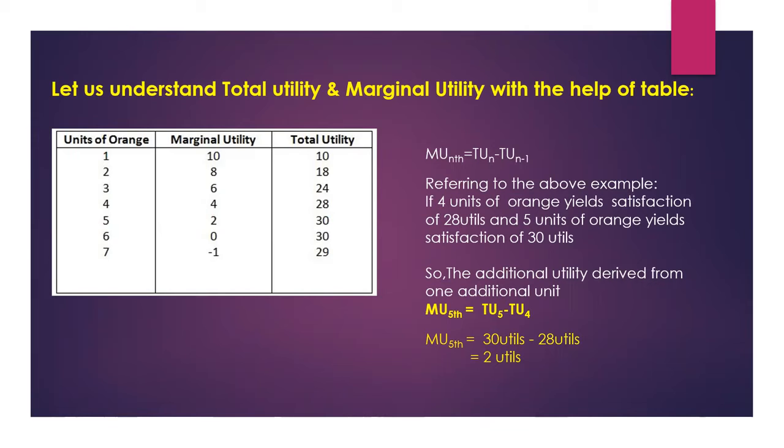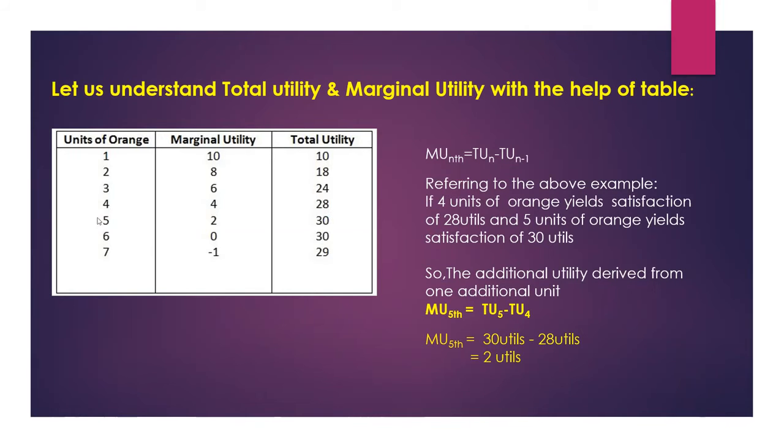Now we are going to take up an example and understand what marginal utility is. As you can see in the table, by consuming 4 units of orange, the total satisfaction derived is 28 utils.